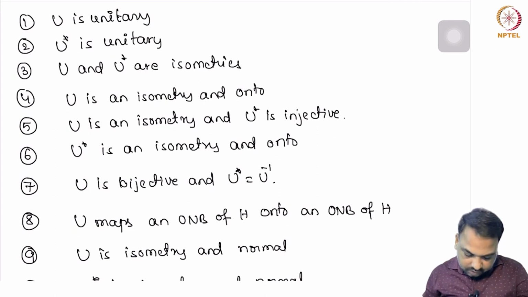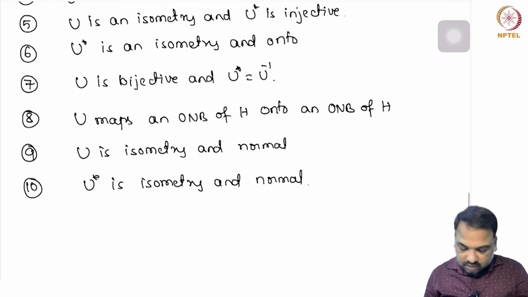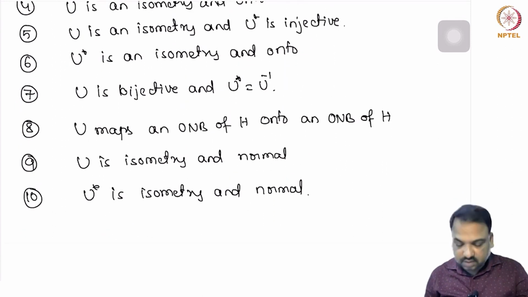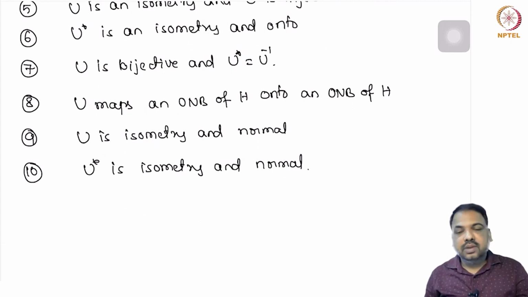For example, 9 and 10 are equivalent. 8 and 9 we can show easily from the characterization of isometry, and the remaining can also be shown in an easy way, though sometimes we have to use the inverse mapping theorem to conclude that 6 implies 7. So this can be proved easily directly from the definition of unitary and the equivalent conditions of the isometries that we have already proved.